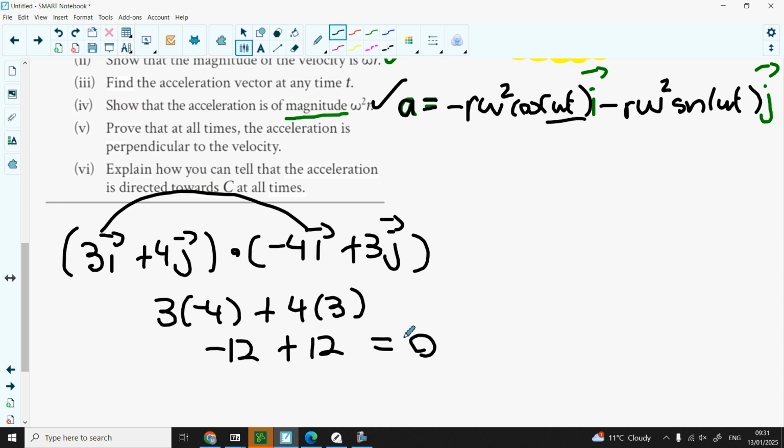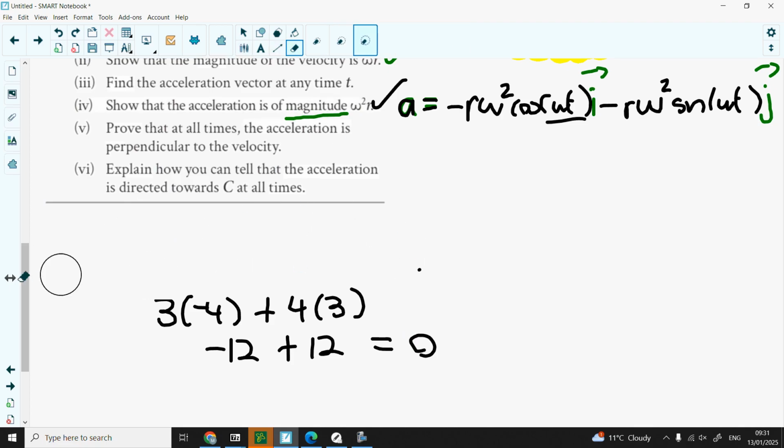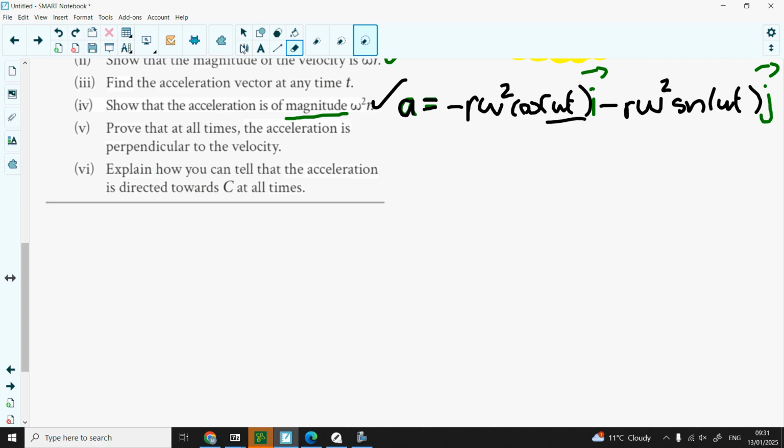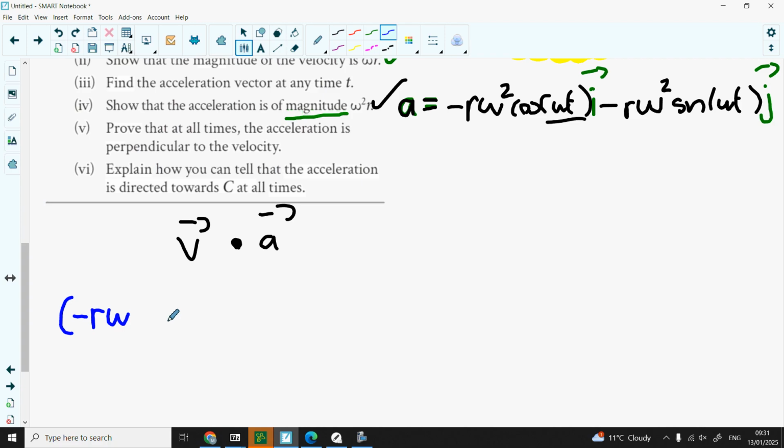So what we're going to do is extend this knowledge to our velocity and our acceleration. We're going to dot product our velocity vector and our acceleration vector. So velocity vector, wherever it's hiding, here it is.